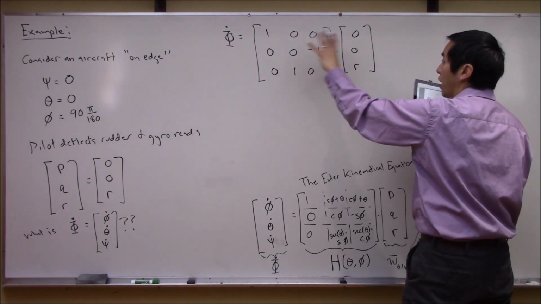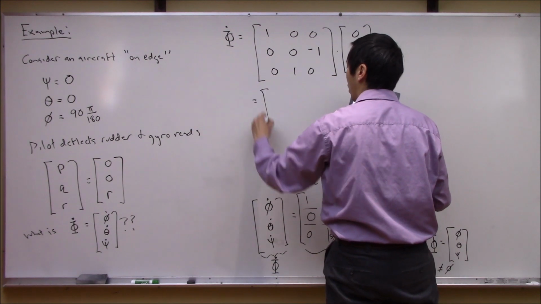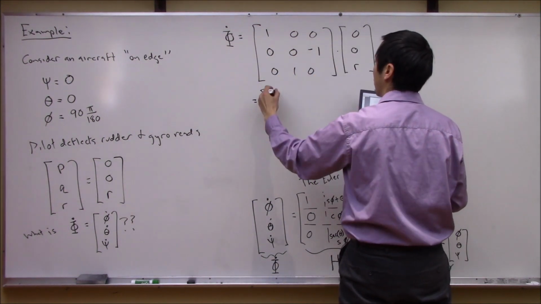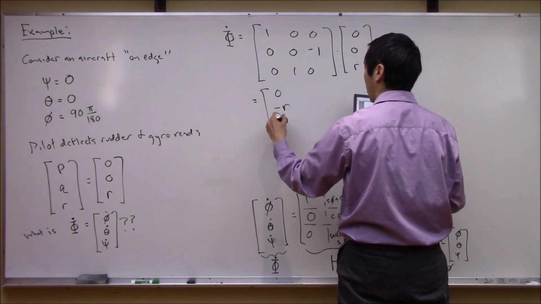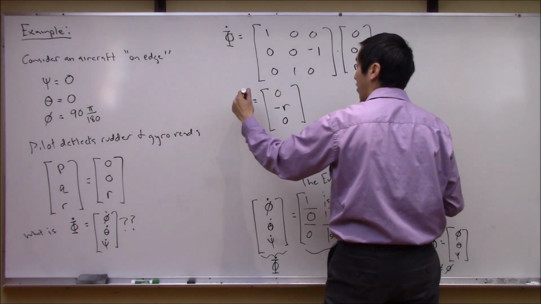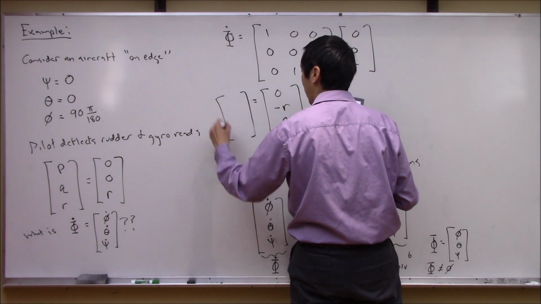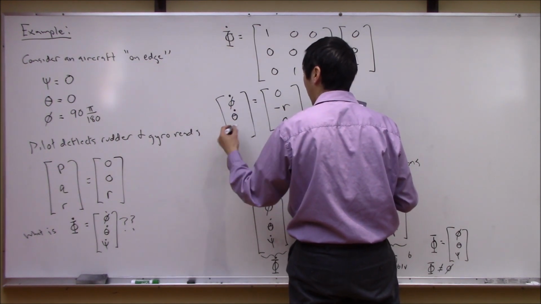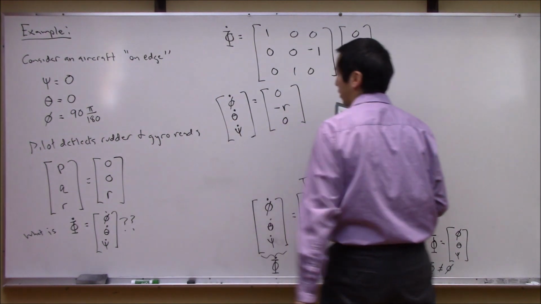If you multiply this out, this is actually kind of interesting: you end up with 0, negative R, and 0. This is equal to the left side, which was bank angle dot, pitch angle dot, and yaw angle dot.